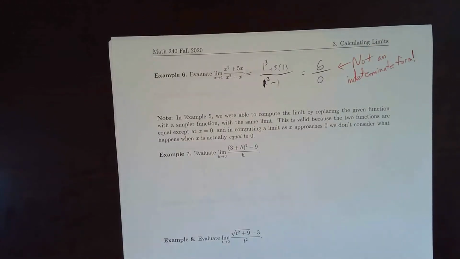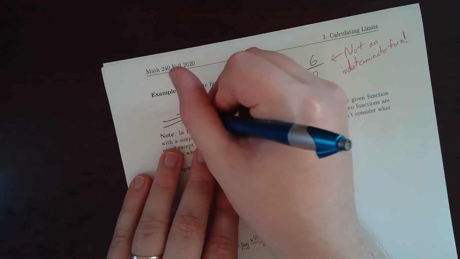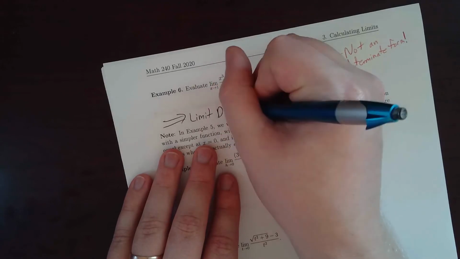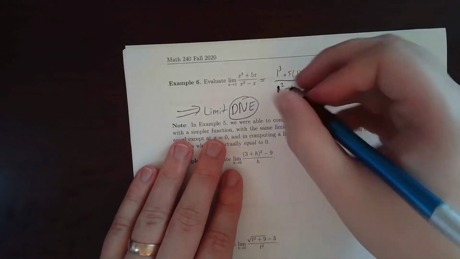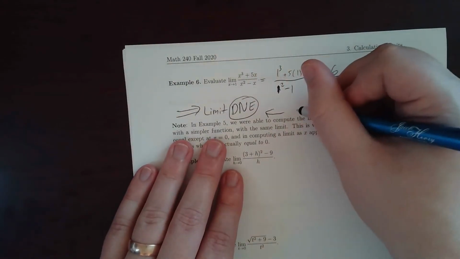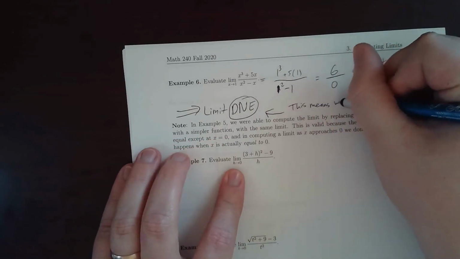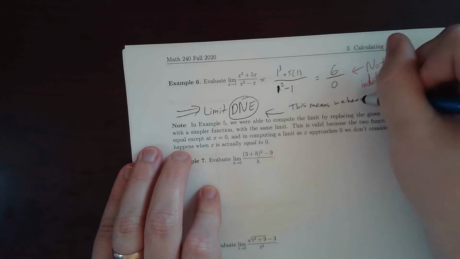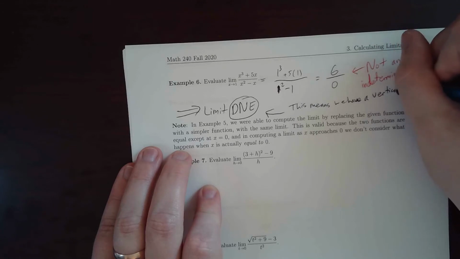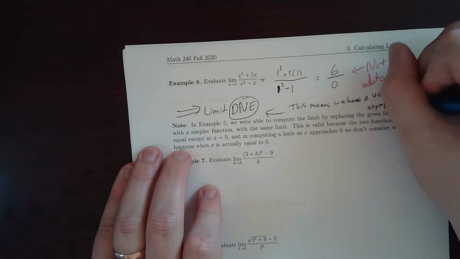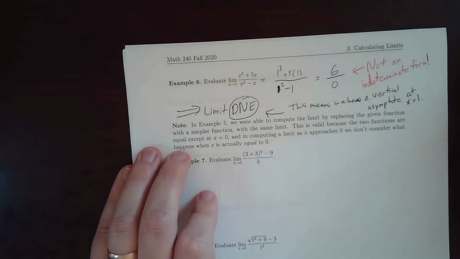And so because we have some sort of non-zero divided by 0, this tells us that the limit does not exist. And so in this case, we have a vertical asymptote at x equals 1.